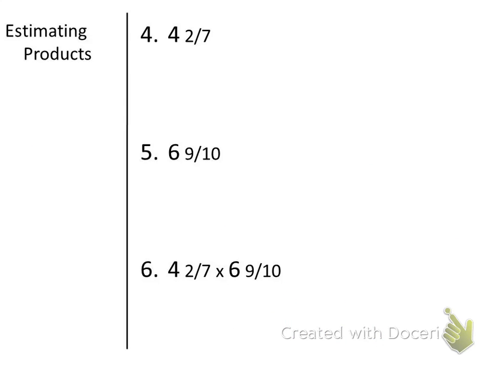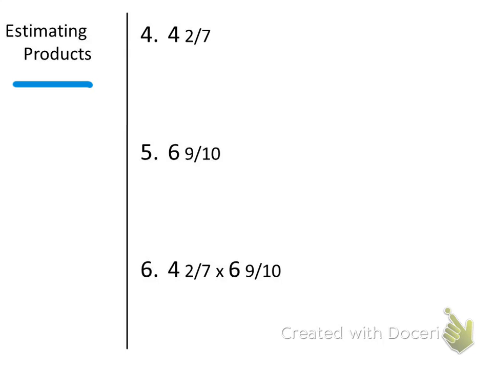Okay, our second subtopic is estimating products. With estimating products, we're going to estimate each product and then multiply. So I'm going to estimate 4 2/7.